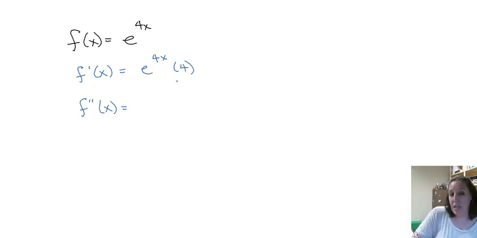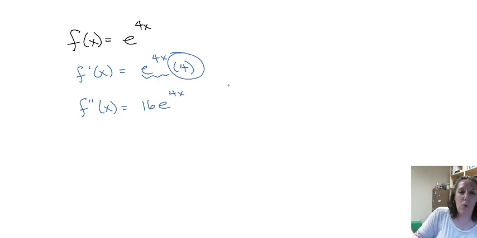In fact, it's going to be the same thing, we're just going to multiply it by another 4. And so we're going to end up with 16 times e to the 4x, because the derivative of e to the 4x is 4 times e to the 4x, but then we also need to multiply it by that 4 that we had from our first derivative, so that's where that 16 came from.